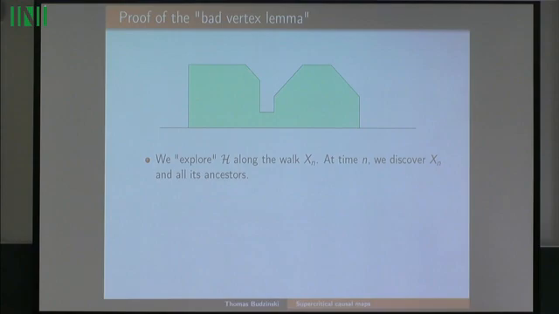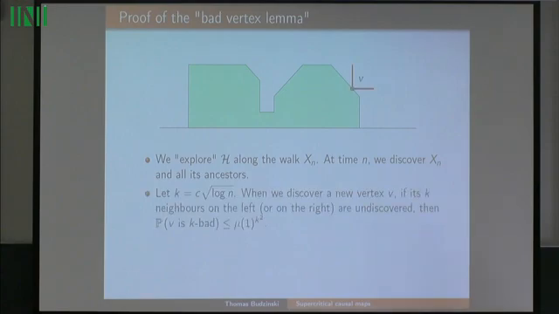We have discovered some vertices, some others not, but for each vertex that we have discovered, we have discovered all its ancestors. And if now I discover a new vertex V here, it's quite nice because I have a lot of room available on the right and on the top. So the probability for this vertex to be k-bad is bounded by the probability for all the vertices here to have only one child, which is exponential of minus k squared.